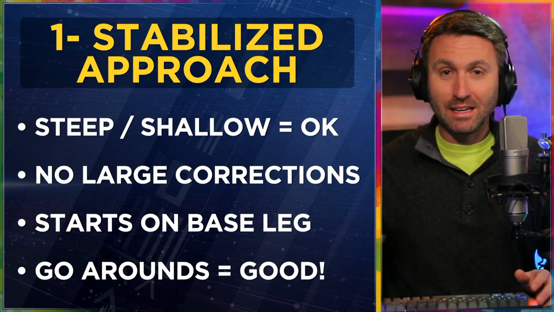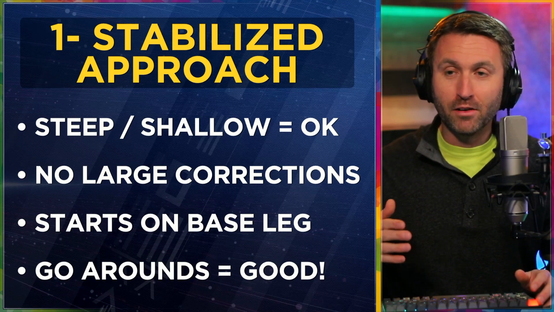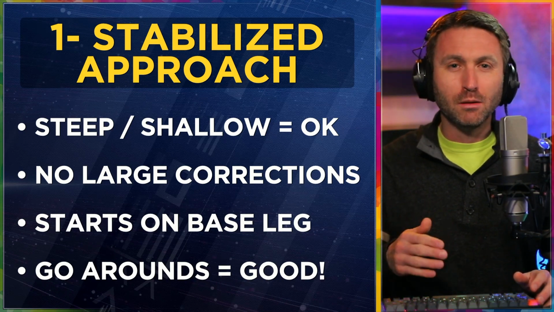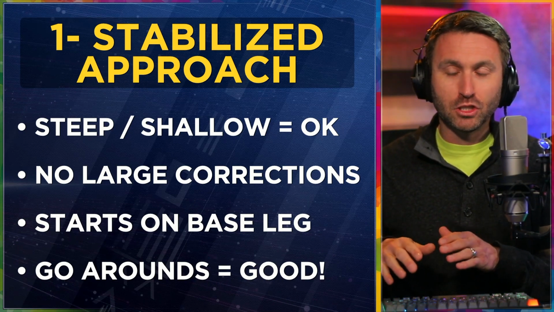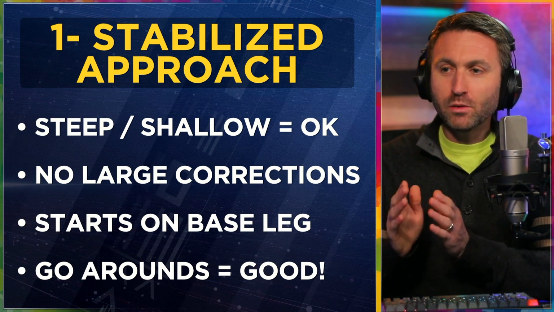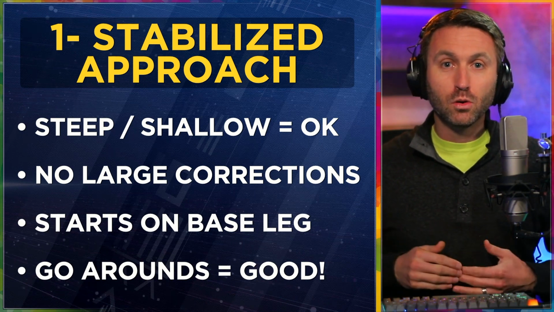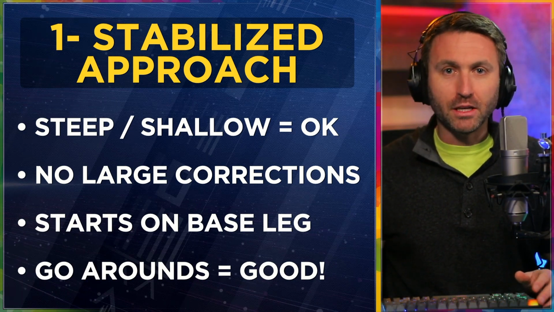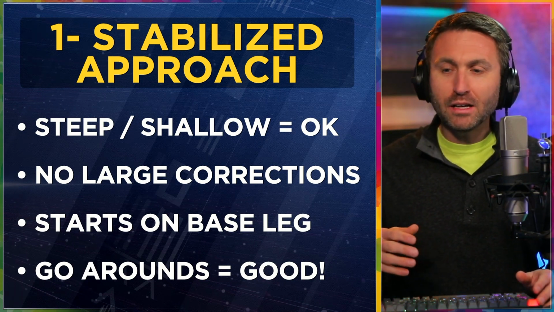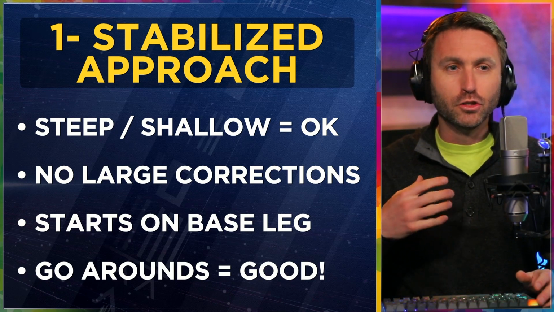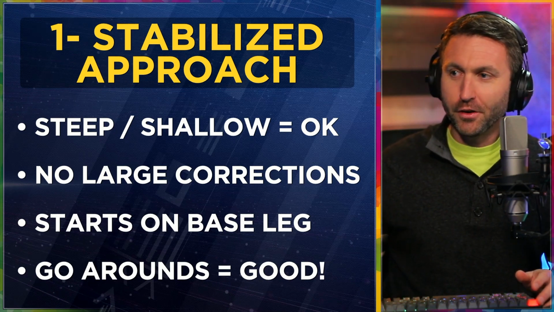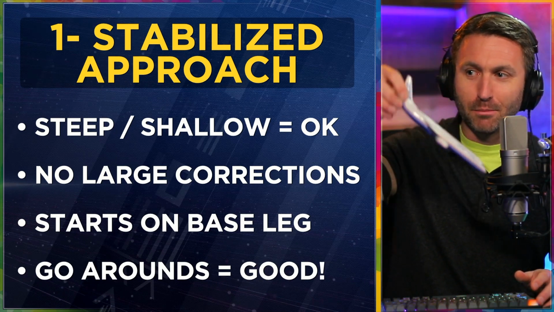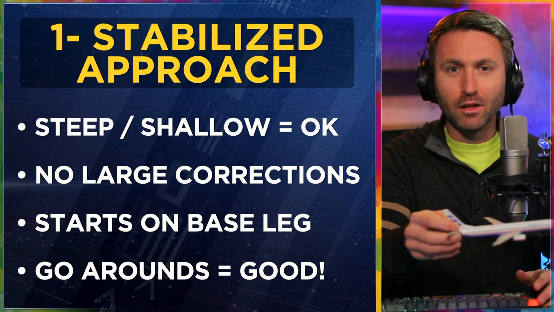You've recognized I can't get this down in a safe manner. I'm going to have to do something too extreme to put it in a good landing position. I don't want to do that. But I'm also here to say that a steep approach or a shallow approach, generally speaking, are okay. Stabilized to me means that there's no large corrections. You're not all of a sudden super high, then you have to dump down to get down here, and now you're kind of low and slow.